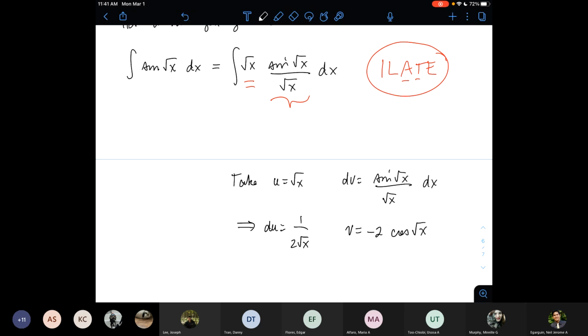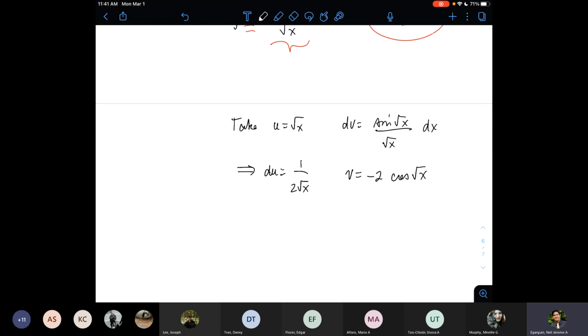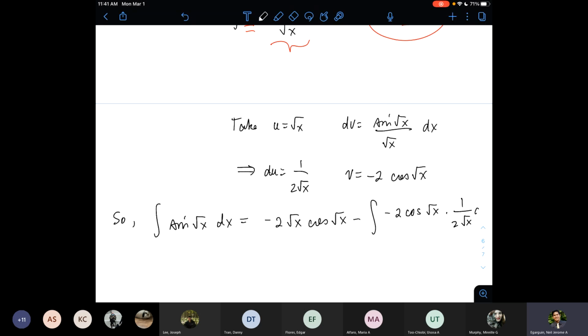Okay, now let's try this one. So the original integral sine of root x dx is equal to uv. So that's going to be negative 2 root x cosine root x minus the integral of v du. So we'll have negative 2 cosine root x times du, which is 1 over 2 root x dx.